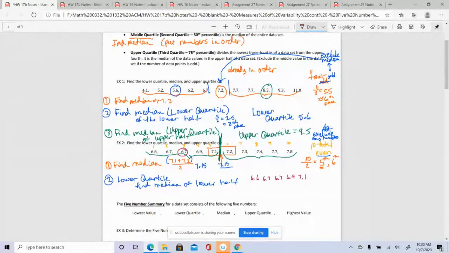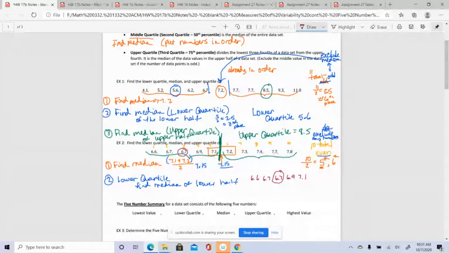So what we do is we split up our lower half and our upper half, and then we look at those numbers and decide if those are even or odd. That's 1, 2, 3, 4, 5 numbers, since I'm not excluding anything here. So the midpoint, or the median of that, is 6.7, the one right in the middle.